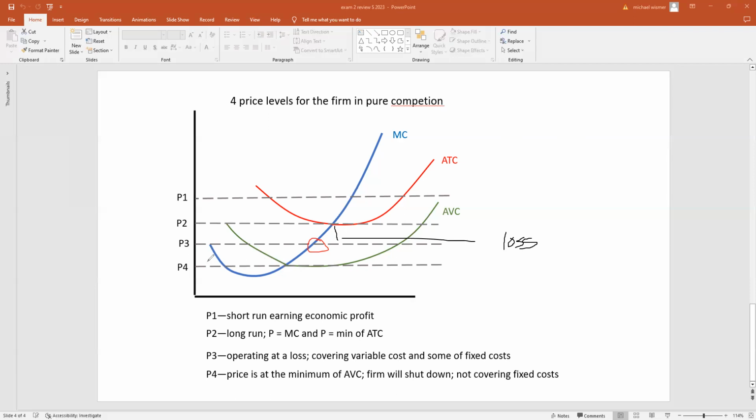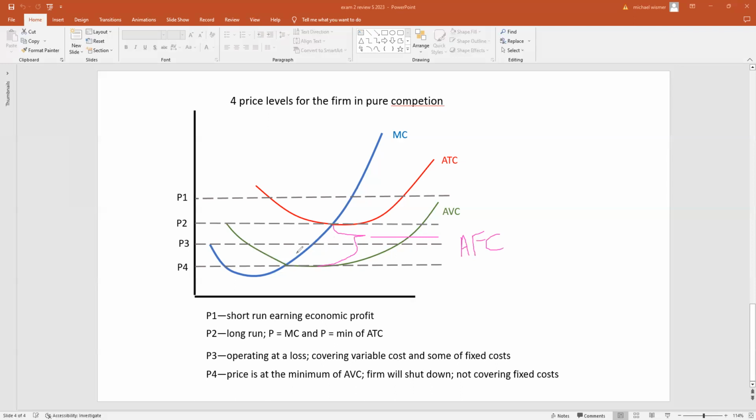P4 is at that price level where price is at the minimum of the average variable cost curve. Now, as long as price is above average variable cost, they are covering some of their fixed costs. Fixed costs are basically the difference between average total cost and average variable cost. That's an important idea to remember, that average fixed cost is the difference between average total cost and average variable cost.